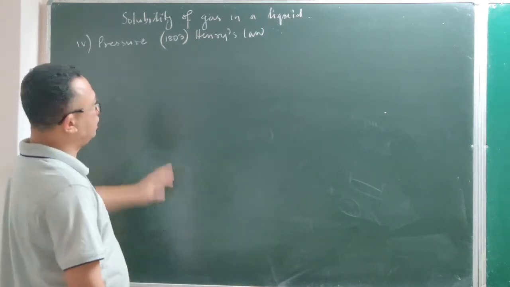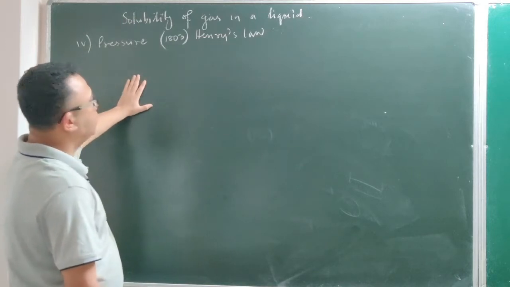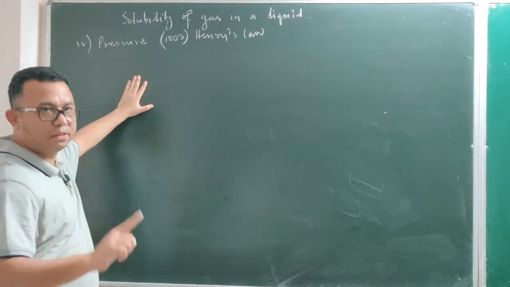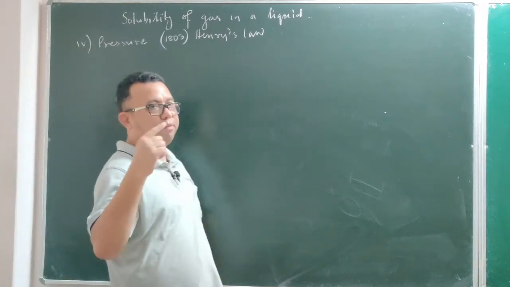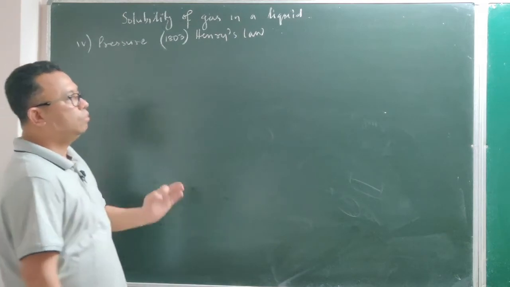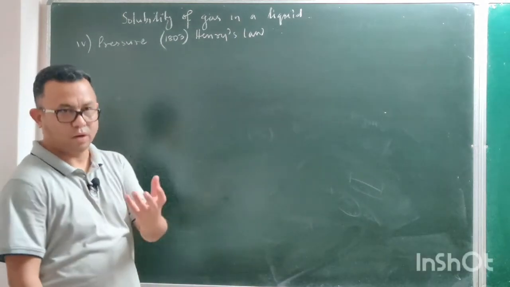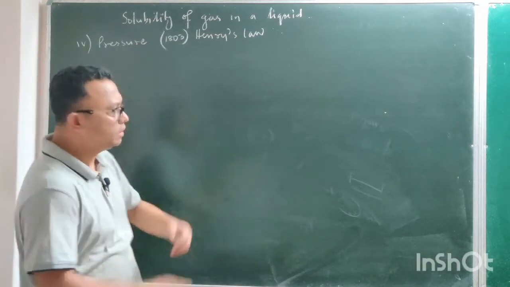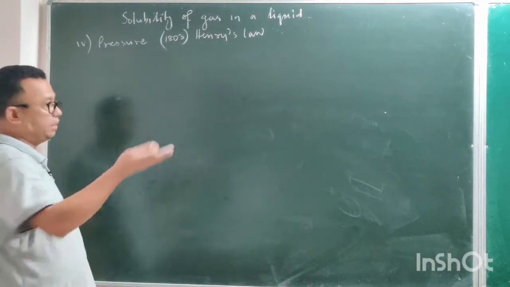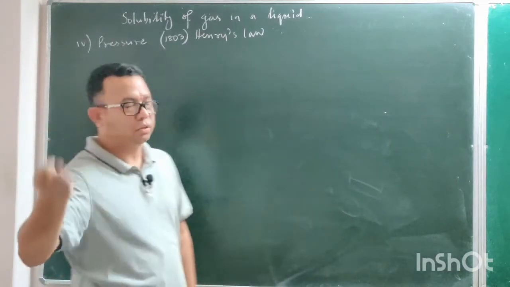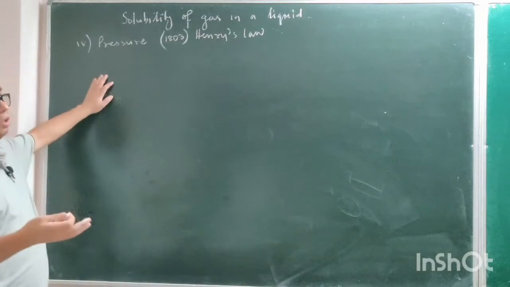Again, I am repeating what it says: the partial pressure of the gas in the vapor phase is directly proportional to the mole fraction of the gas in the solution. I have said this 2 or 3 times, so I think you have understood what I mean.